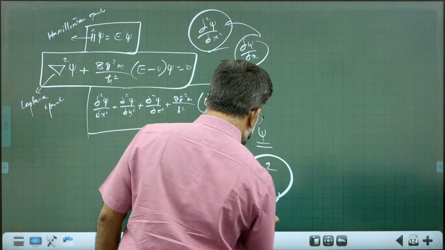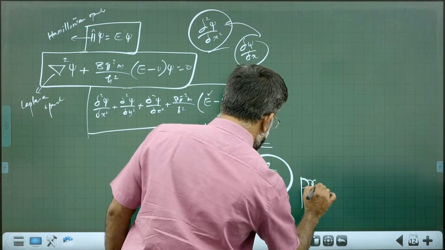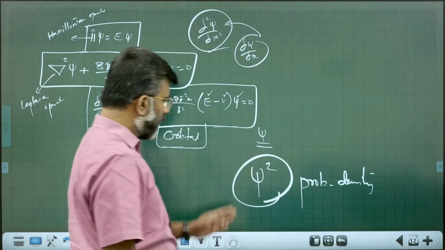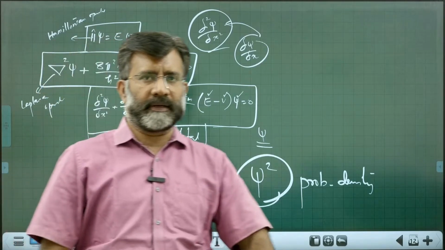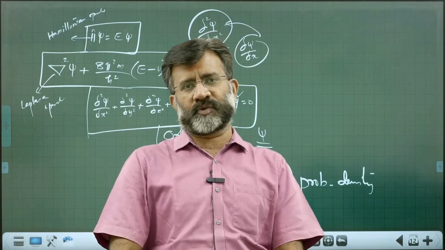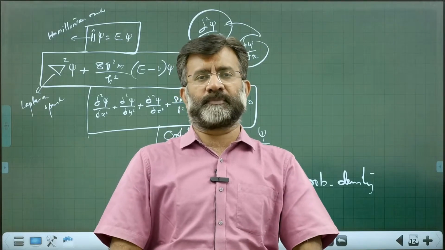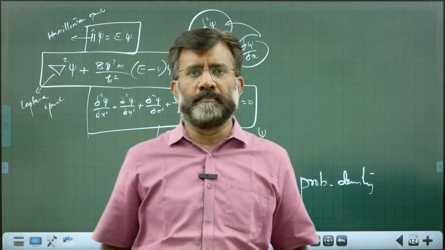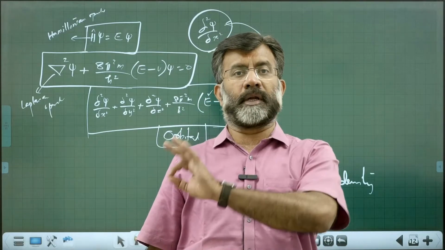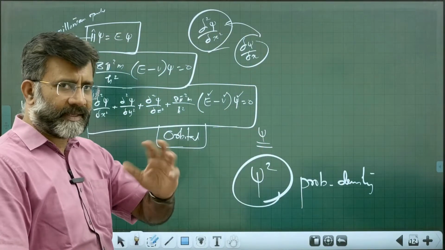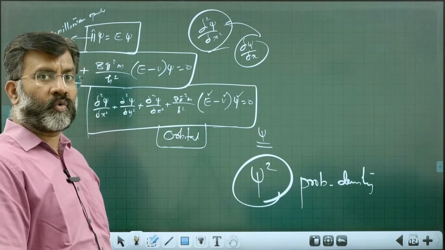That is probability density, psi square. This has a greater meaning. And the characteristics of psi are explained by a set of numbers called quantum numbers.